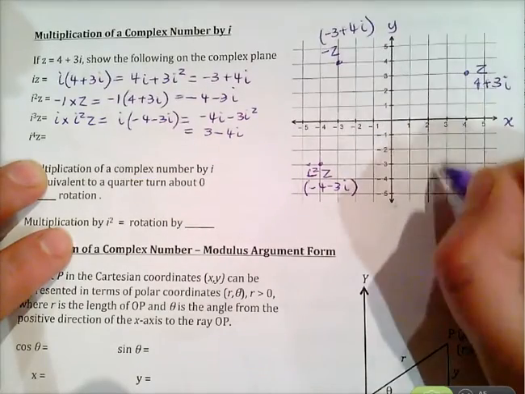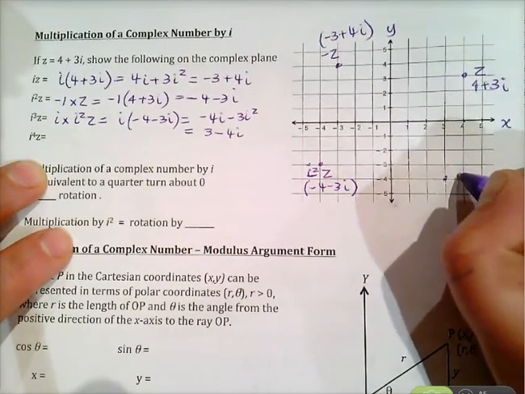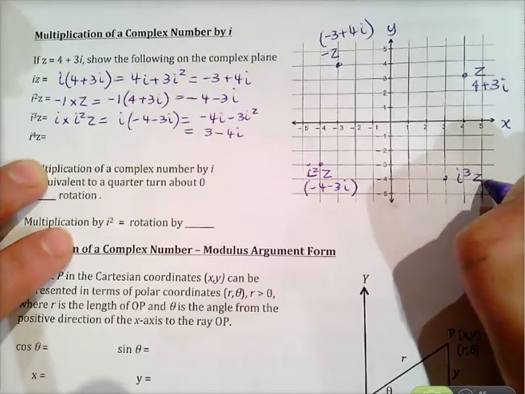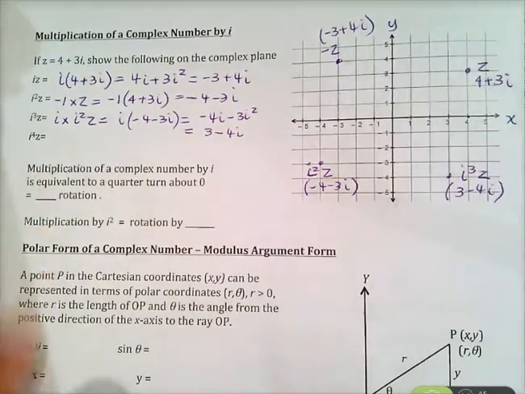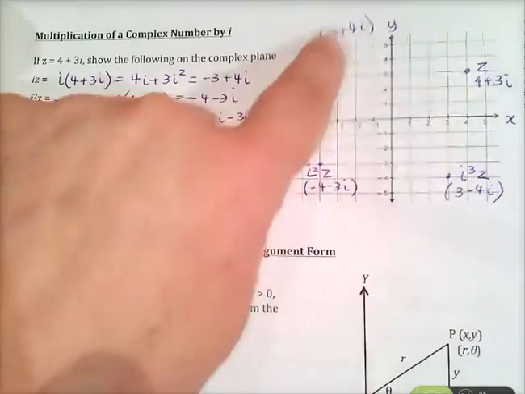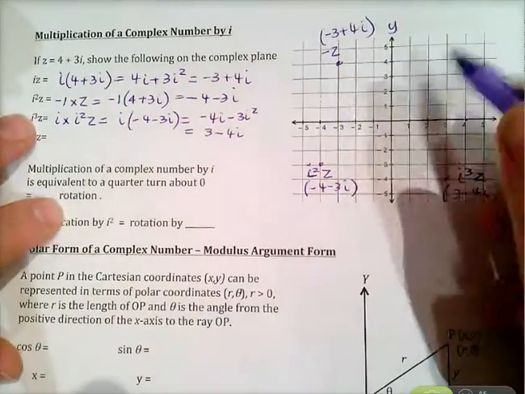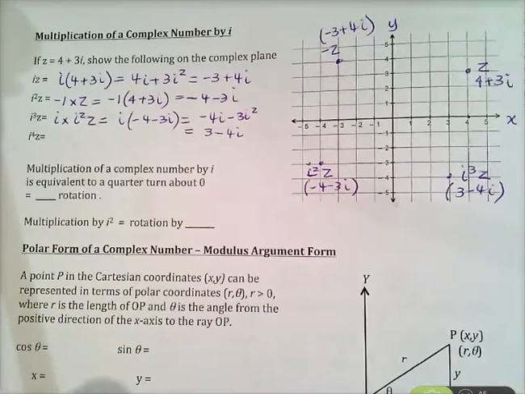So 3 minus 4i, that is i cubed Z. So notice that you'll see why it's a rotation about a quarter turn about O in a minute.